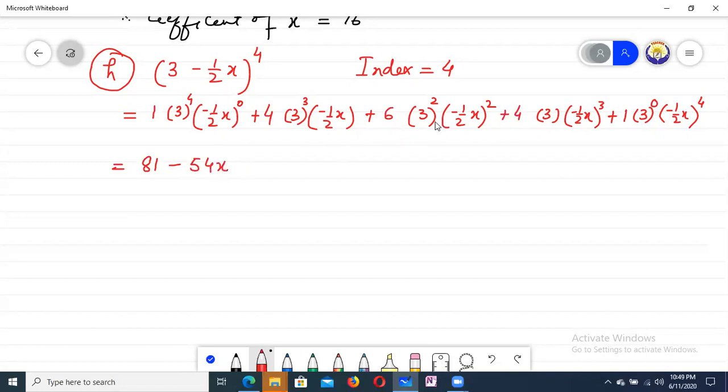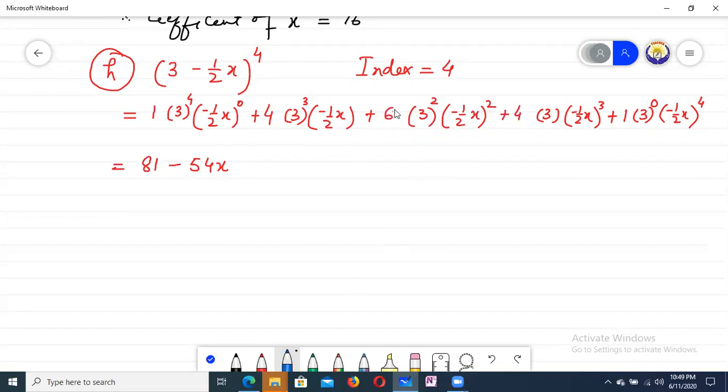x. Then after that, here is 3 square. 3 square is 9. This 6 we can cancel with this 2 square, 4. You can see here this 2 square is 4.